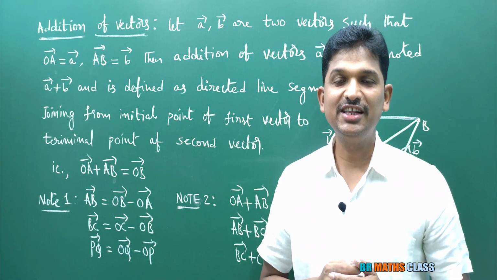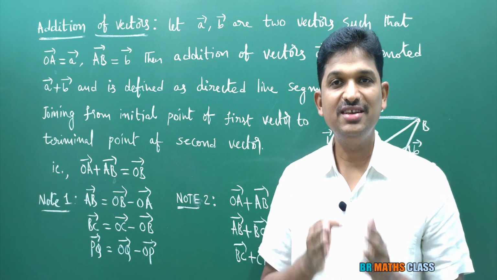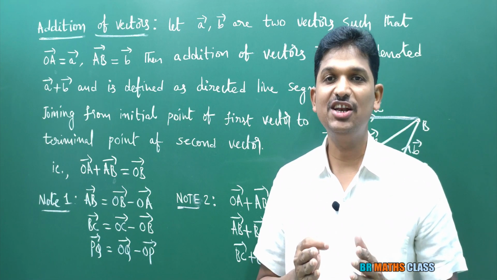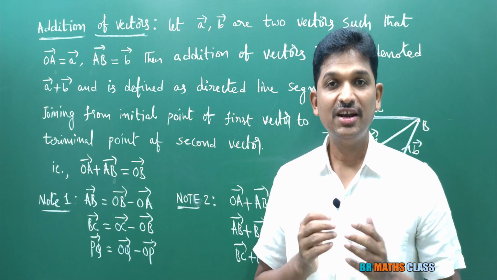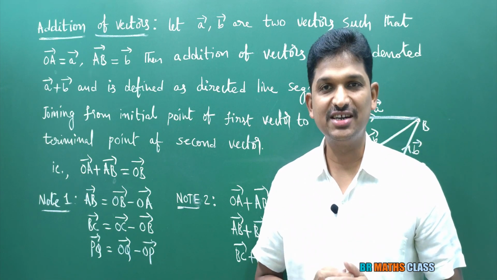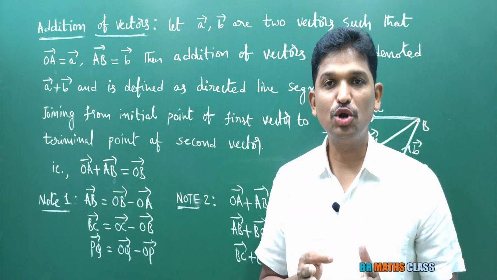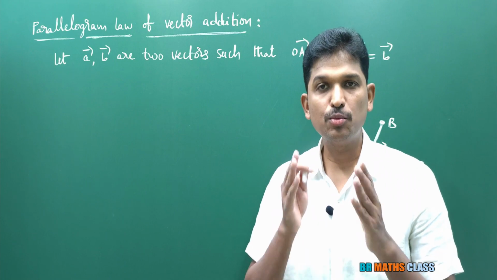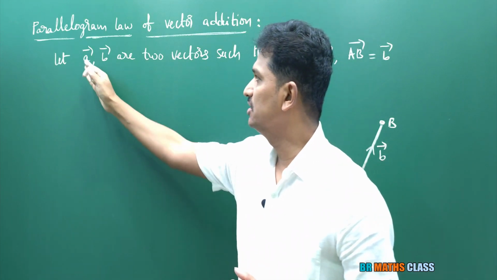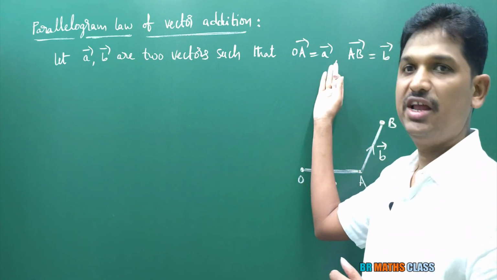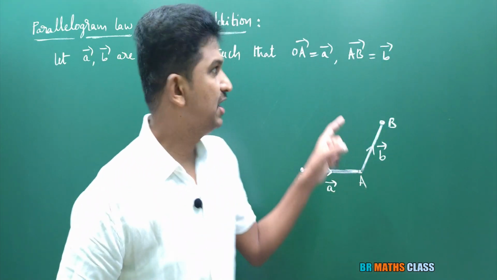So what you learned till now? You learned what is addition of vectors and you learned what is triangle law of vector addition. Now we will learn what is parallelogram law of vector addition. To explain this, I consider two vectors A bar, B bar such that OA bar equals A bar, AB bar equals B bar.